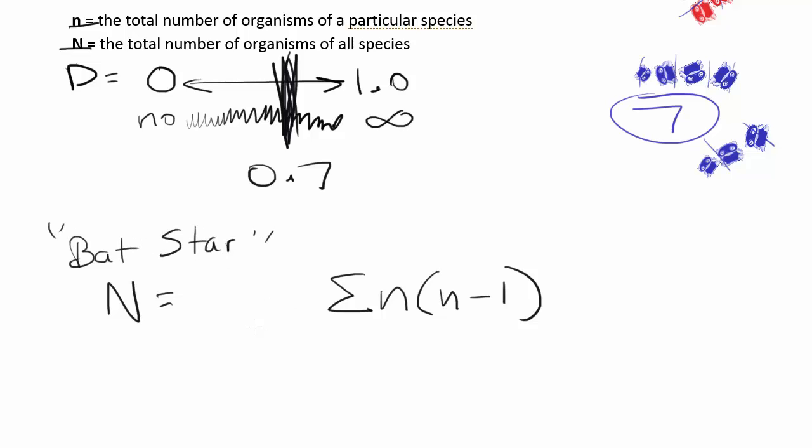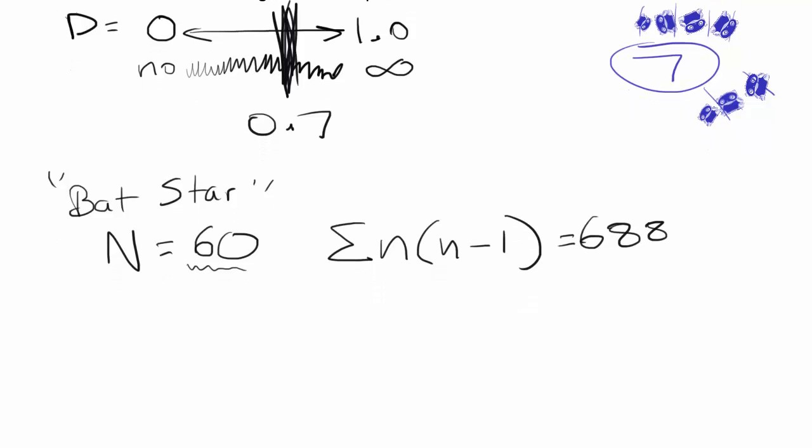Unless I've made an error, which is possible, I make errors sometimes, I have found that capital N, or the addition of all of the organisms found in the total environment, was 60. And then when I added up all the little n times n minus 1s, I ended up with 688. So if you got that as well, maybe I didn't make a mistake.